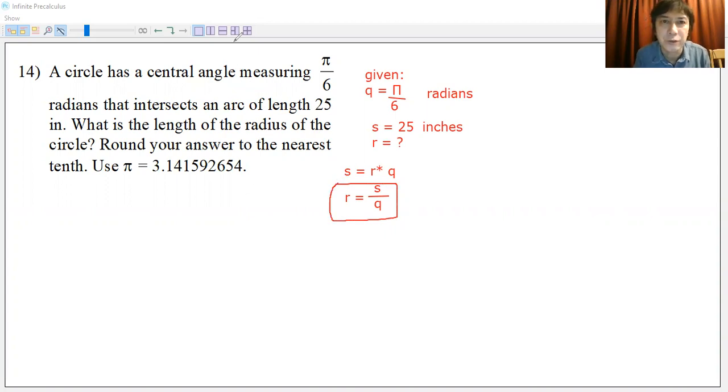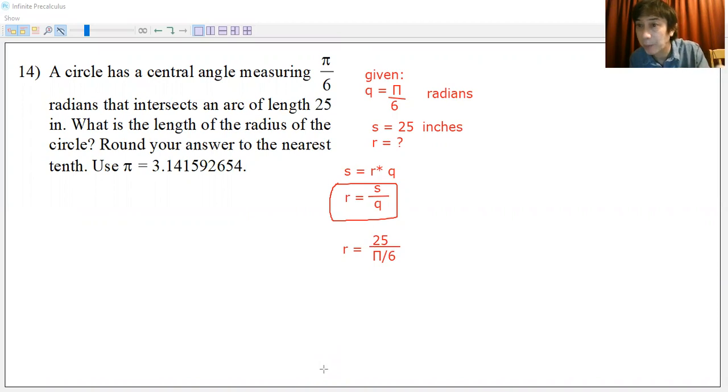All right, so to continue, we will put the numbers. We have now R is equal to the arc, which is 25 inches. The angle is at the bottom, that's pi over 6. After manipulating the fractions, this will become 150 over pi.